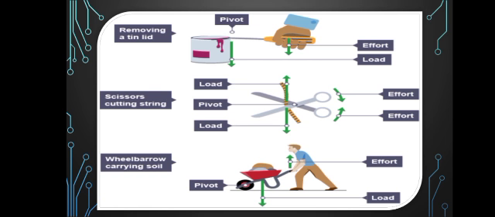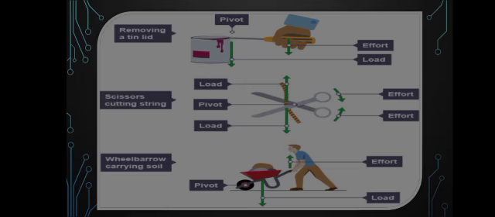Similarly, there is an example of scissors cutting string. These are the locations shown in the diagram where the effort, load and pivot are acting. There is another example of a wheelbarrow carrying soil, showing the locations of effort, load and pivot.